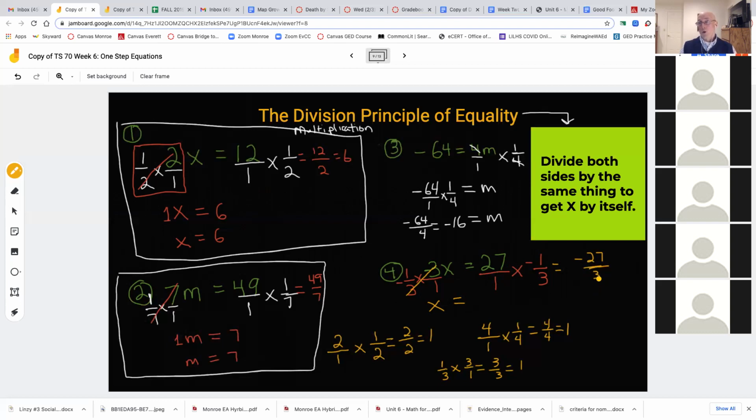All right, 3 goes into 27 how many times? 9 times. But because it's a negative, it's got to be a negative 9. Remember the rule of opposites? When you multiply opposites, they give you a negative number. So this has to be a negative 9, okay?